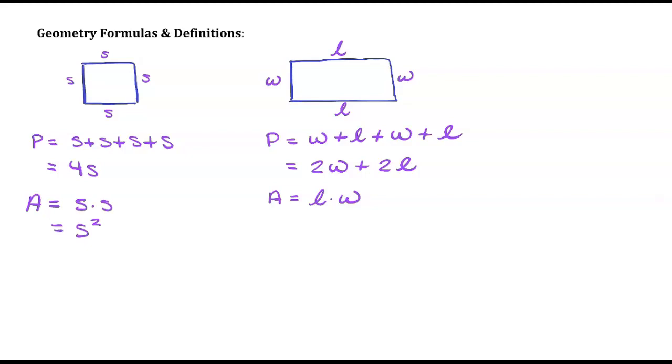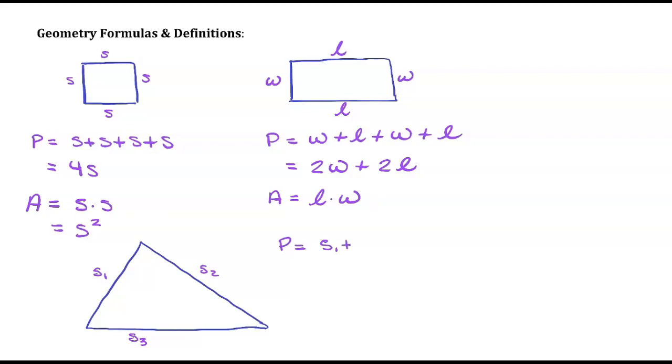Now let's talk about triangles. Let's label the 3 sides of the triangle S1, S2, and S3 for side 1, side 2, and side 3. The perimeter of a triangle, that would be the length all the way around the edges, would be the sum of the 3 sides, S1 plus S2 plus S3.